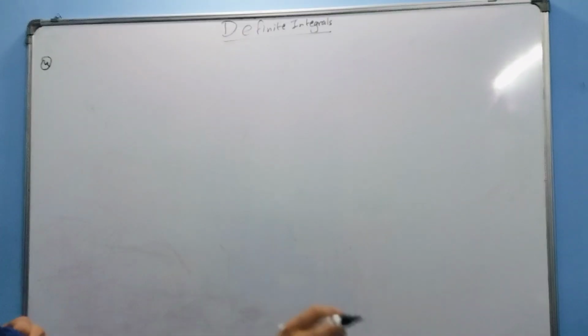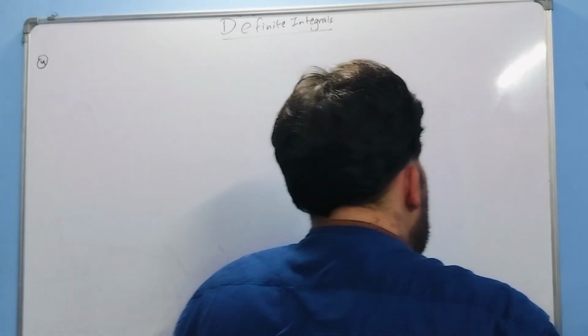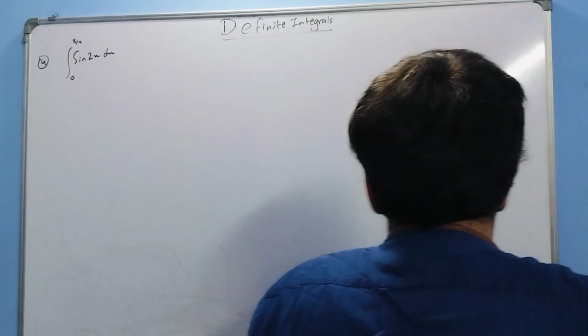Okay, so we have the fourth numerical here. The fourth numerical we have is sin 2x, and the limit is 0 to pi by 4. Okay, now let us try to solve.